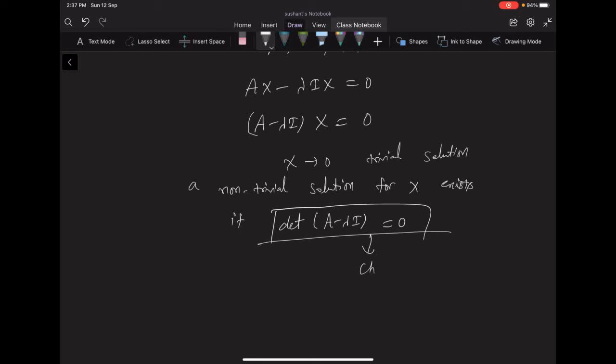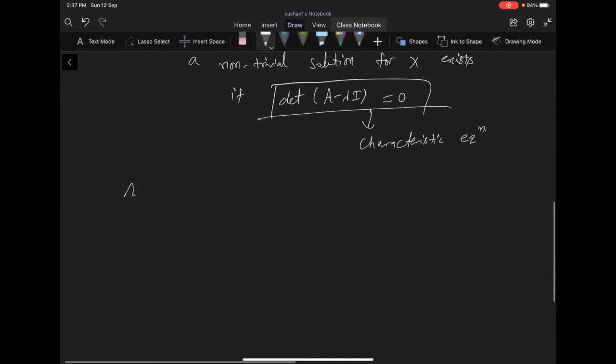This is known as the characteristic equation, and we have to solve this equation to get the eigenvalues of matrix A. If matrix A is an n cross n matrix, then it will have n eigenvalues lambda 1, lambda 2, up to lambda n, and the set of these eigenvalues is known as the spectrum of A.